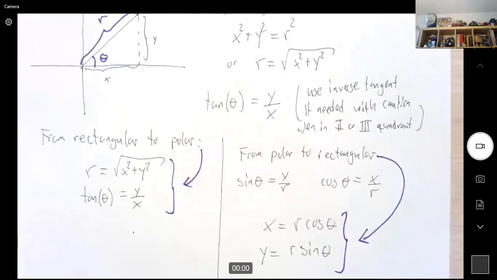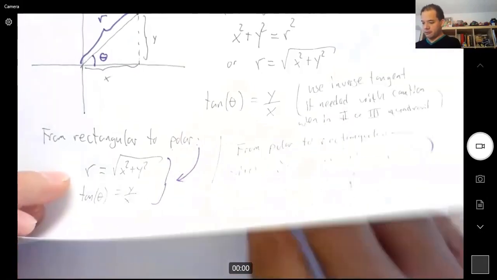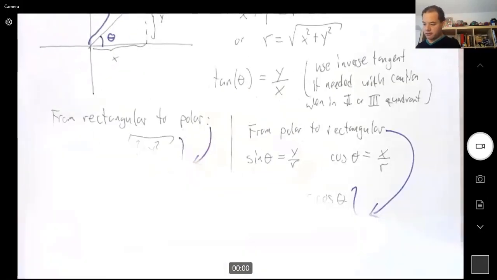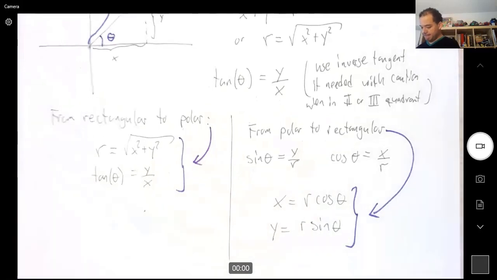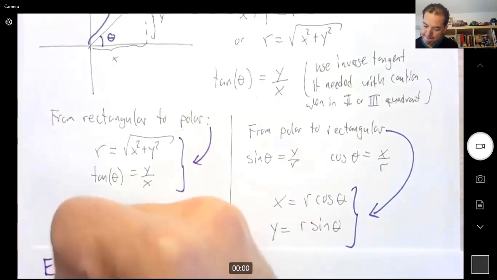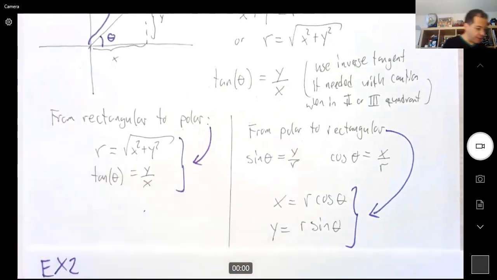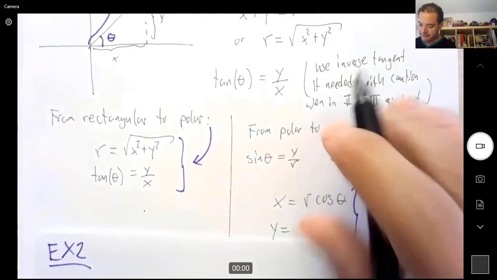Let's do example 2. Example 2 says, express the point with polar coordinates 2, 3 pi over 4 in Cartesian.